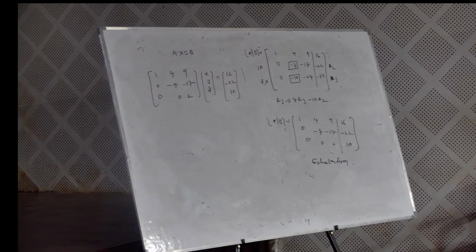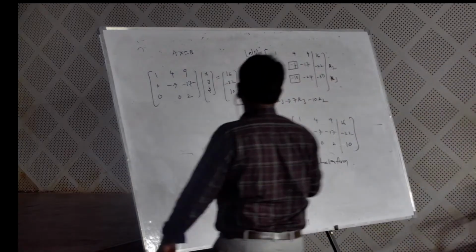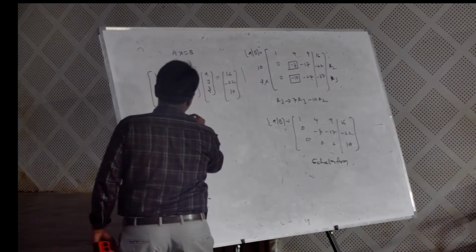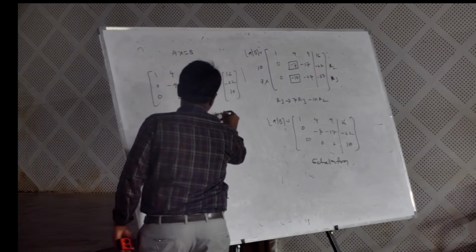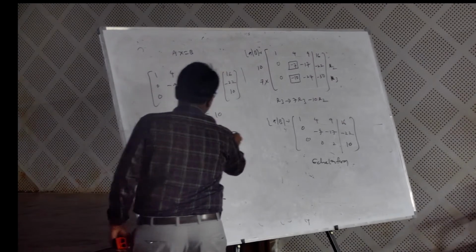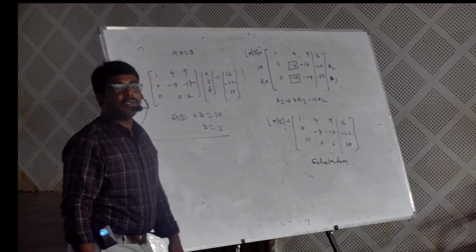What is the third equation directly? Said in the first equation and second. What is the last equation? Zeta, 2 zeta. What is equation 3? Z equal to second equation.